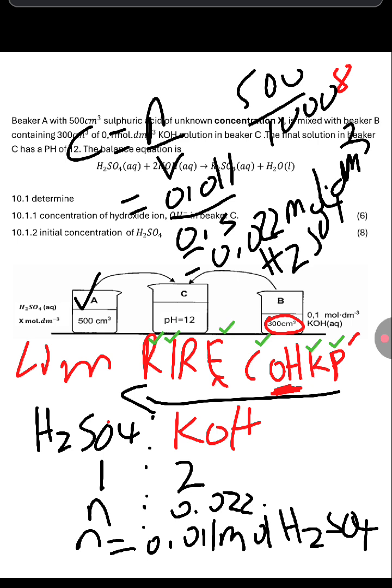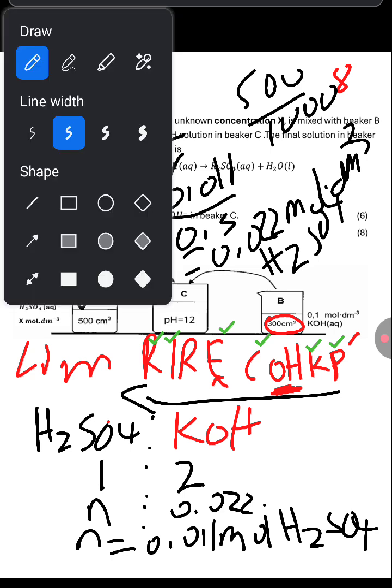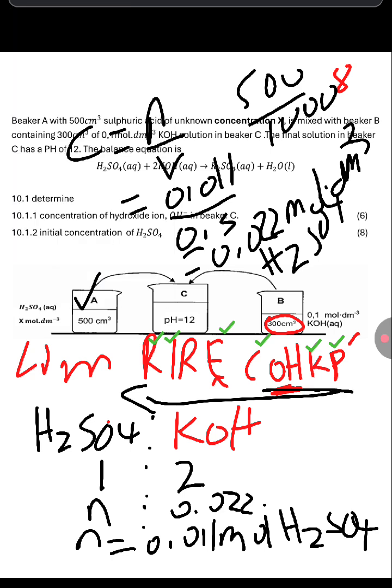There. So that's how we dealt with this question. We can see when you are given pH, you work backwards. Either here you put CHOP or you put COOK. You put COOK if the pH is greater than 7, meaning the pH is of a base, because COOK is for base.